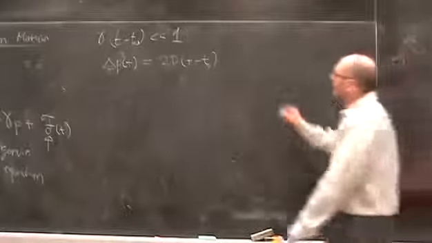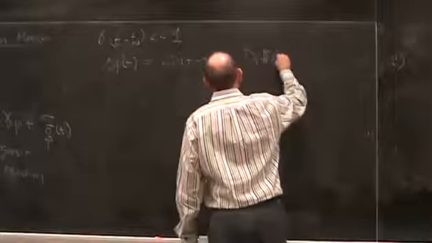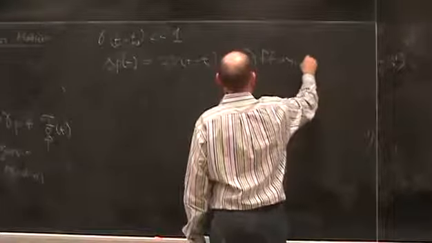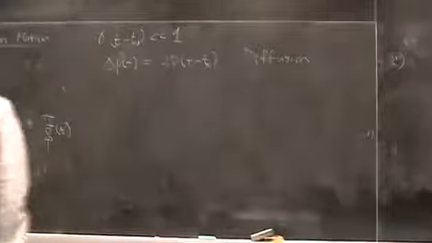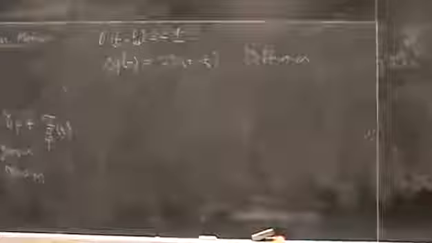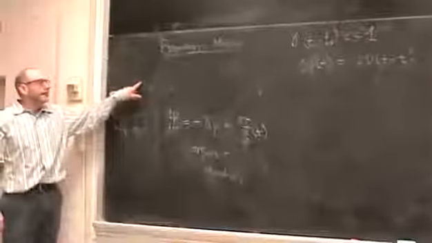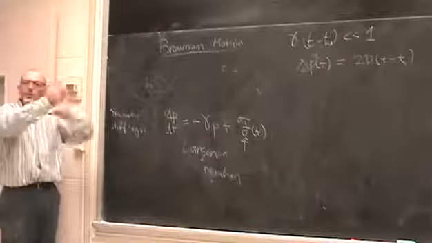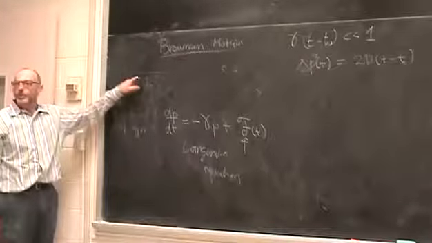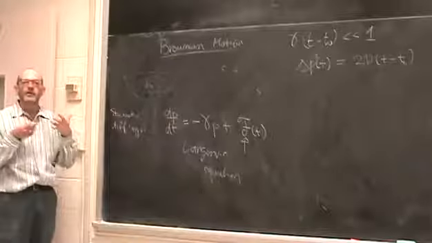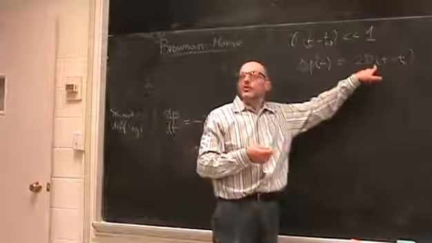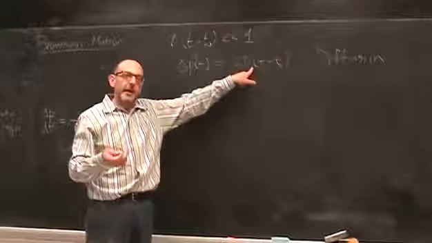That's not surprising. That is diffusion, right? And so the net effect of these random collisions of these thermal particles with the pollen are twofold. One is to cause damping of the motion, but also to cause the motion to diffuse away from its mean value.